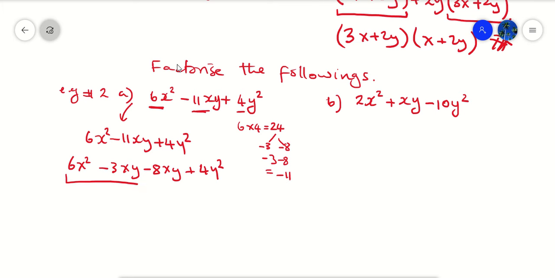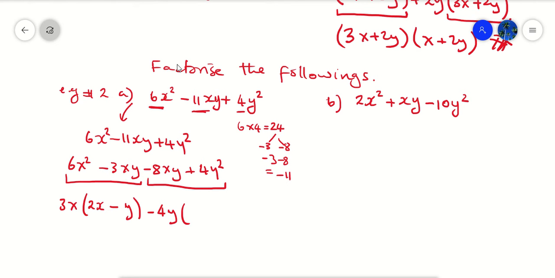Just combine the first two terms and the last two terms. In the first two terms, what's common between the two is 3x. If I take 3x out of 6x squared, I'll be left with 2x, minus, if I take 3x out of minus 3xy, I'll be left with y. Minus, again, what's common between the two? 4y.